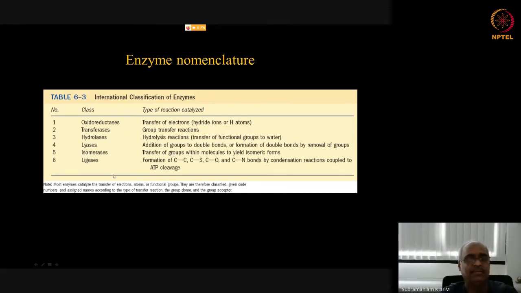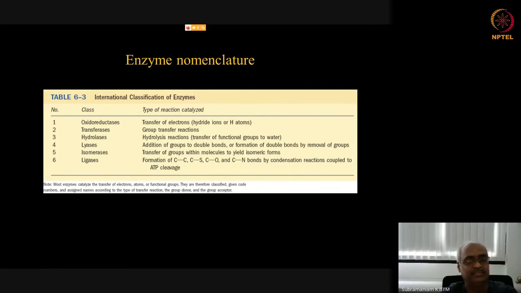And other group breaking, like addition of groups to double bonds or formation of a double bond by removing groups, those are lyases, because they lyse. You need to distinguish this from hydrolases, because there a water molecule is involved, and addition or removal of water is required.